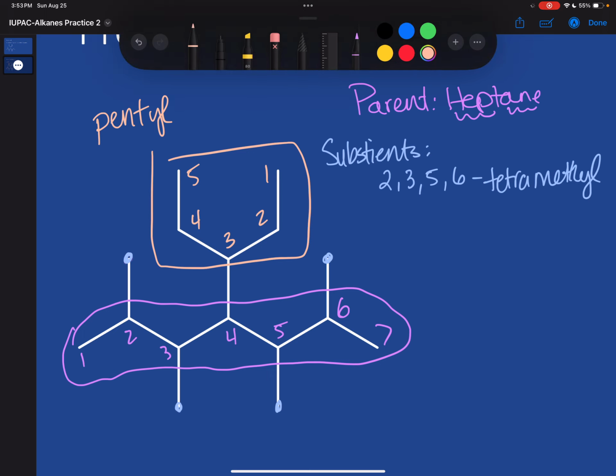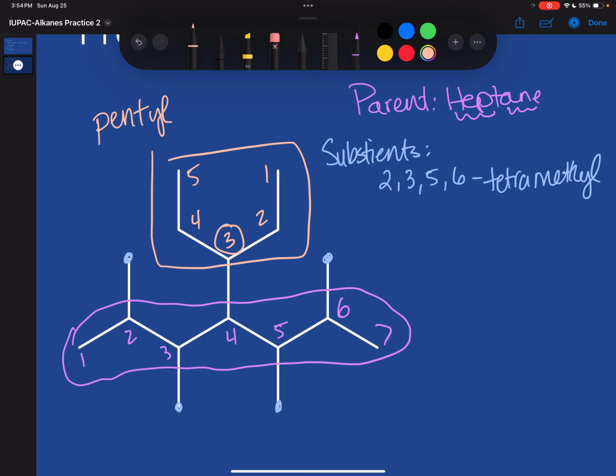Now, if I look at my mini compound, I don't have anything other than my parent chain coming off of it, so I don't have to worry about any substituents coming off of my substituent. Ooh, that's like Inception, IUPAC version. That's weird. But I do have to say where the parent chain is attached here. And so we can clearly see that's the 3rd carbon.